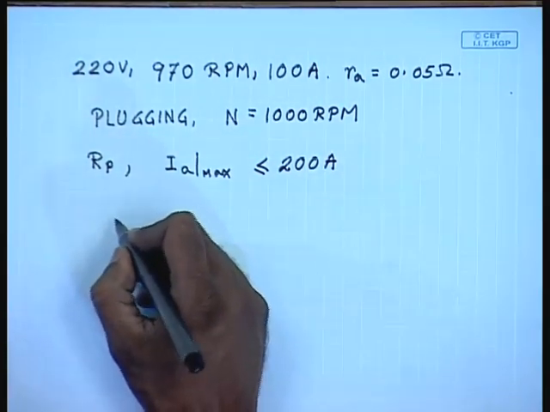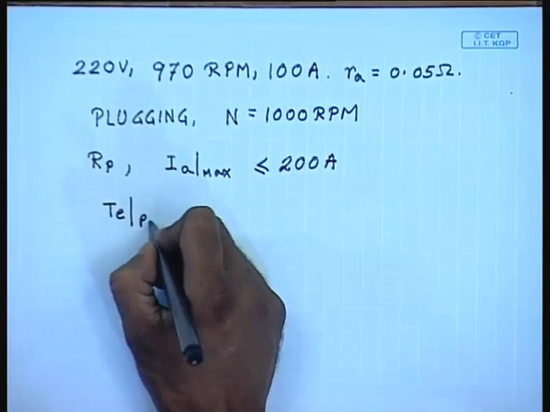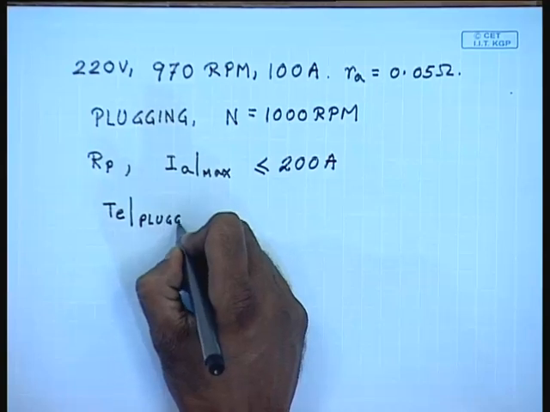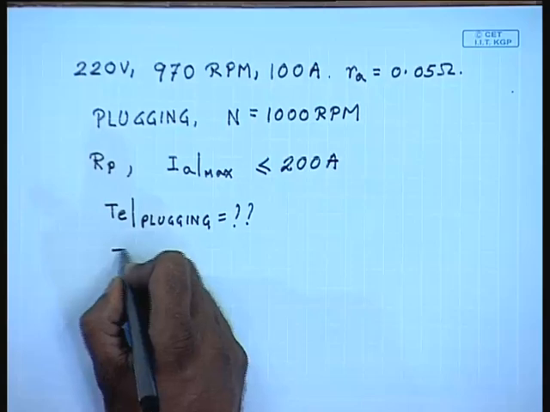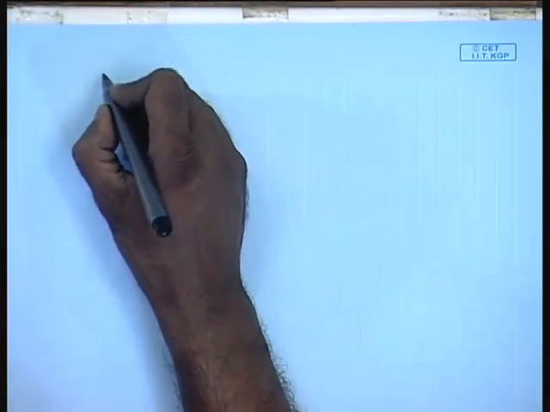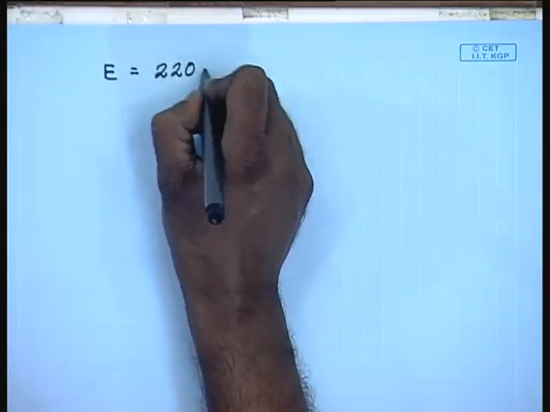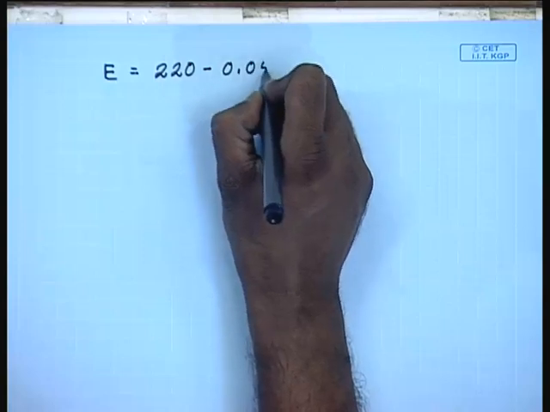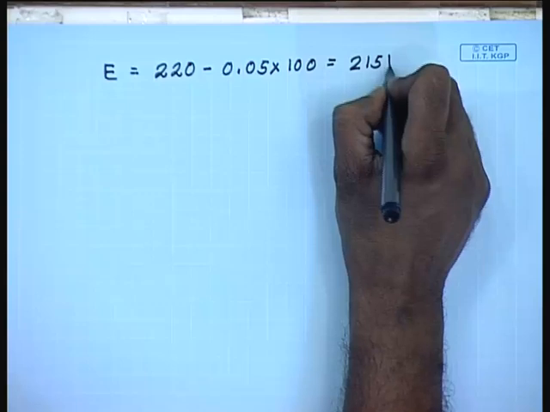Then what is the braking torque? And what is the torque at 0 speed? Now, at 970 RPM, we know at rated current E equal to 220 minus 0.05 into 100 equal to 215 volts.